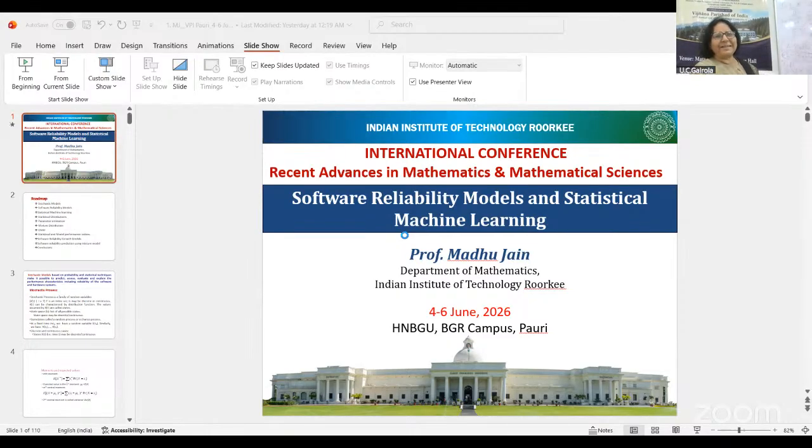So here I am discussing the topic of software reliability growth models. We have developed many models by taking a non-homogeneous Poisson process and using a single distribution. So today we are discussing multiple distributions.